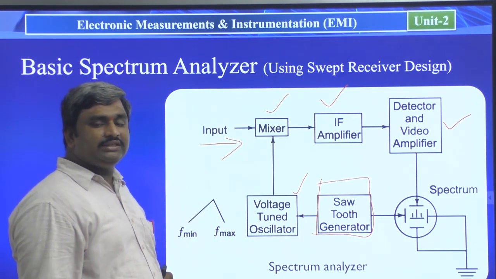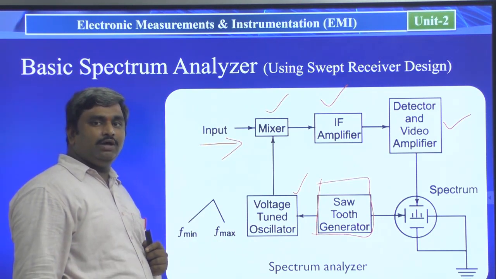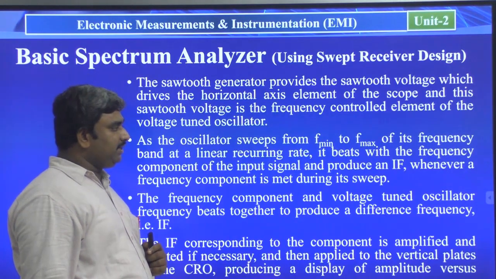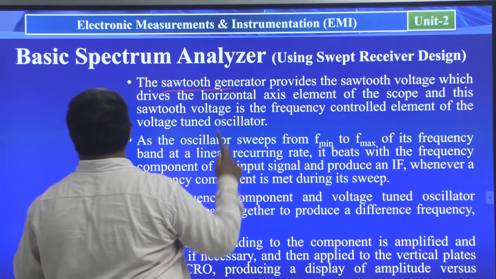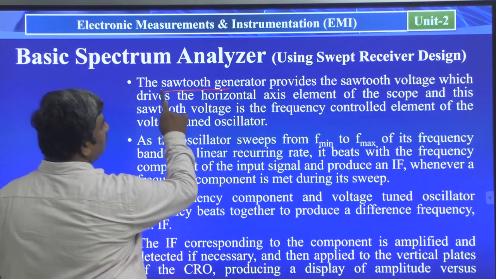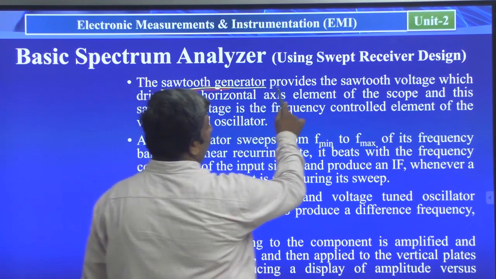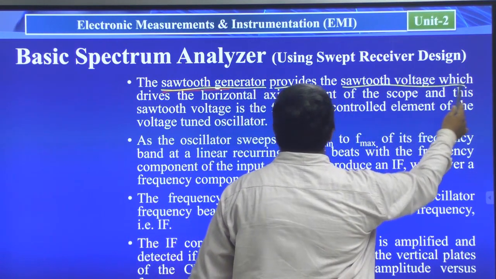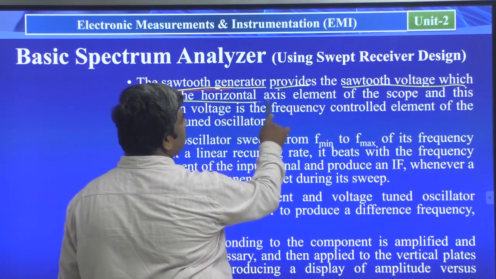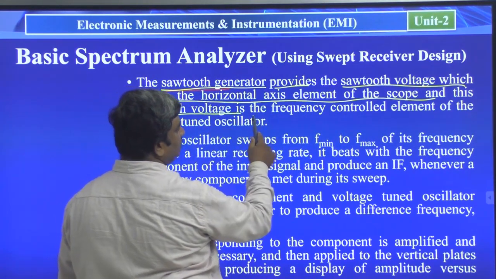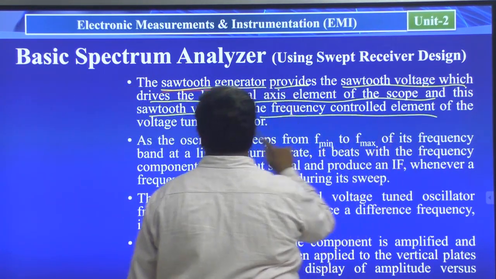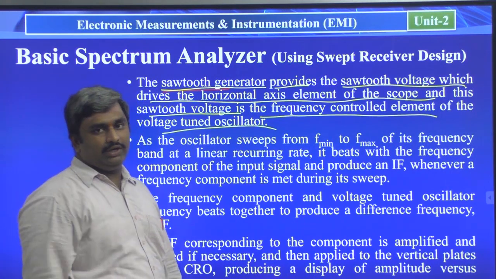Let us see the theoretical discussion of this basic spectrum analyzer. The sawtooth wave generator provides a sawtooth voltage which drives the horizontal axis element of the scope, and this sawtooth voltage is also the frequency control element of the voltage tuned oscillator.